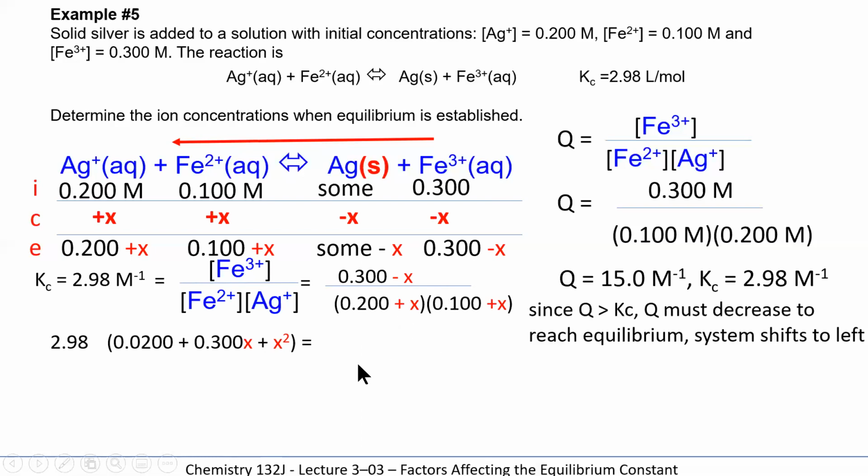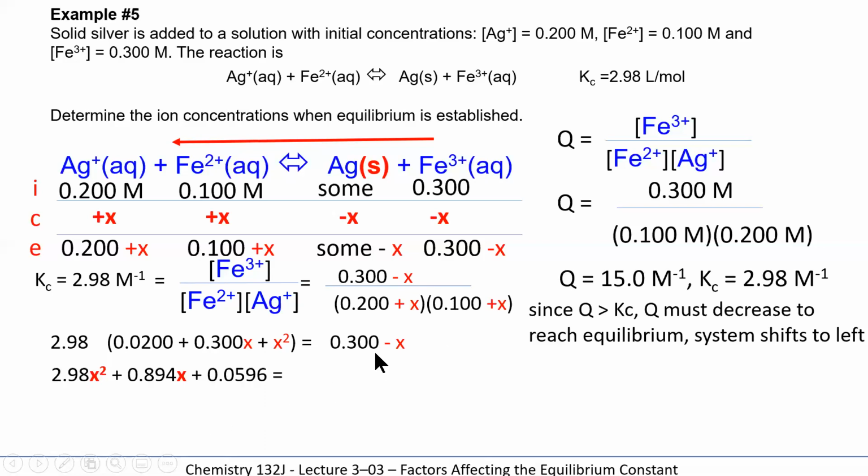We can now cross multiply. We can expand this. So we get 0.2 times 0.1, it's 0.02, 0.2 times plus X times 0.1, and then X times X. We're going to multiply everything in this term by 2.98, and that equals 0.3 minus X.